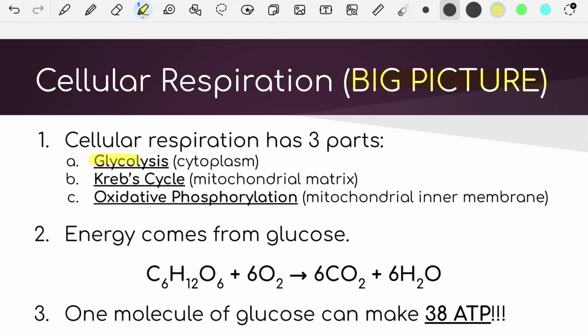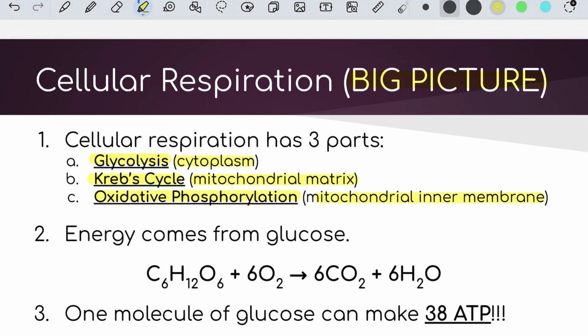The first part is called glycolysis. That happens in the cytoplasm. And the second part is called the Krebs cycle, and that happens in the mitochondrial matrix. And then the last part is called oxidative phosphorylation. And that happens in the mitochondrial inner membrane.